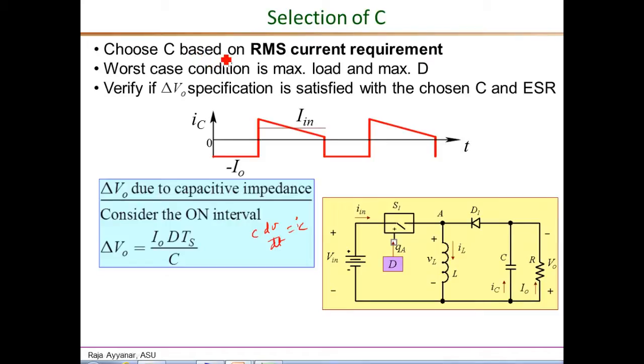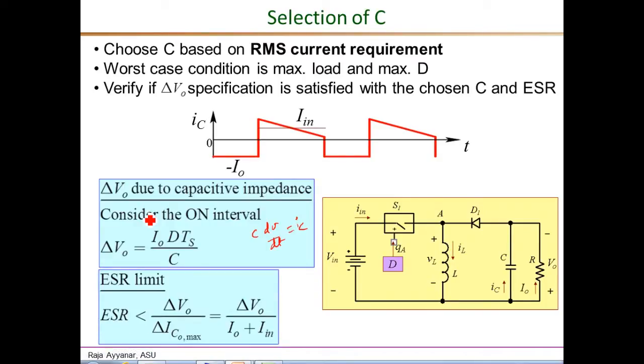Once we select the C based on the RMS current requirement, substitute that value of C here, and make sure that the resulting delta VO is significantly smaller than the maximum allowable delta VO from the specifications. The reason we want it to be significantly smaller is that, as we will say next, the actual delta VO is dominated mainly by the ESR component. So the delta VO due to the capacitive component should be negligibly small.